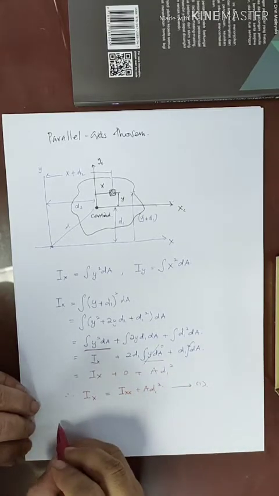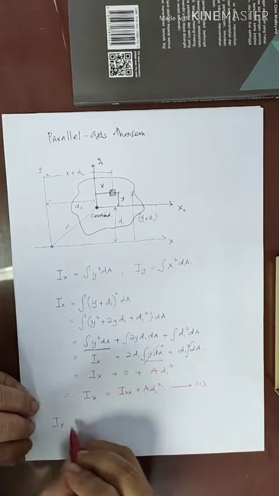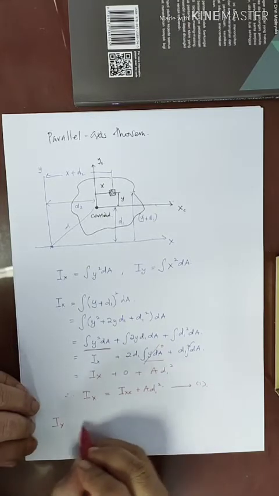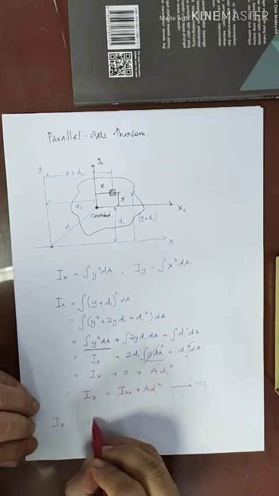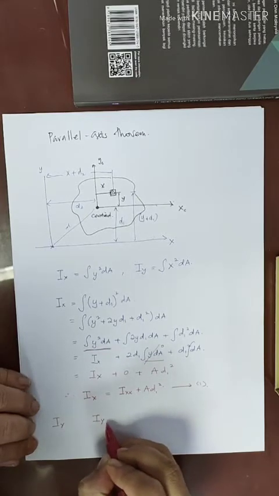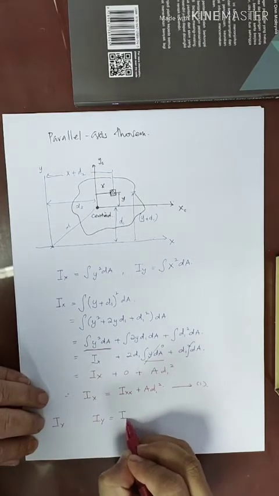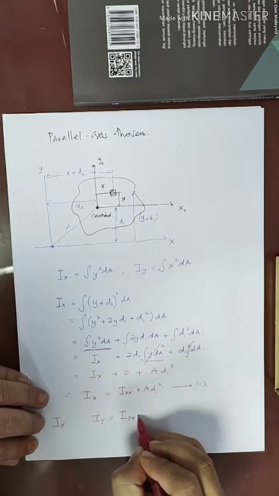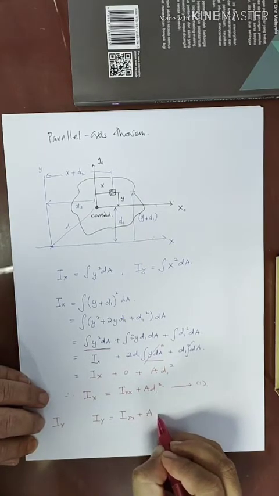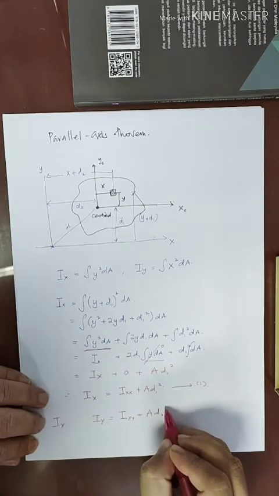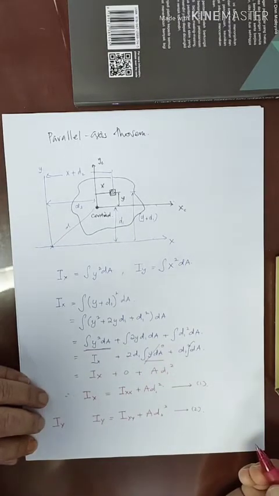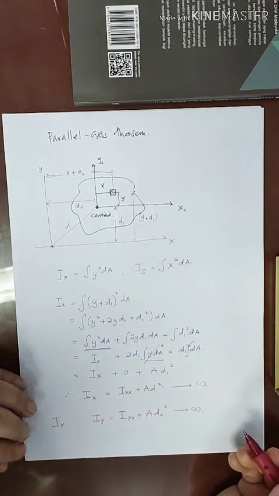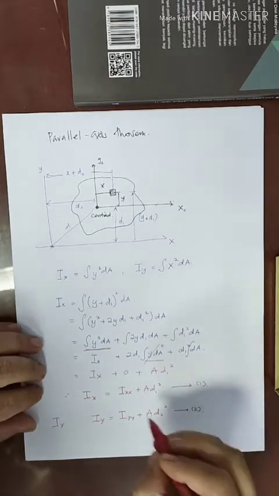So the Iy, similarly, by approaching the same procedure, we can have the Iy equivalent to Iyy plus A d2 squared.